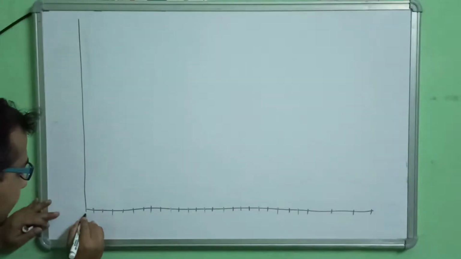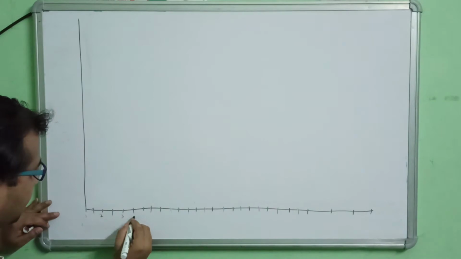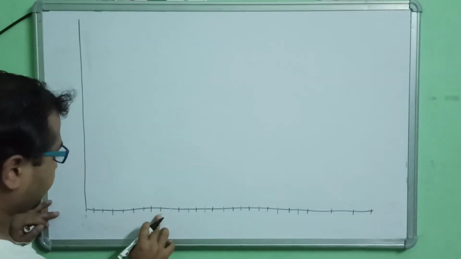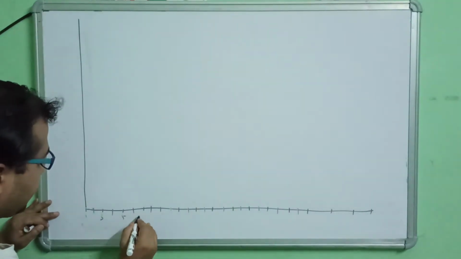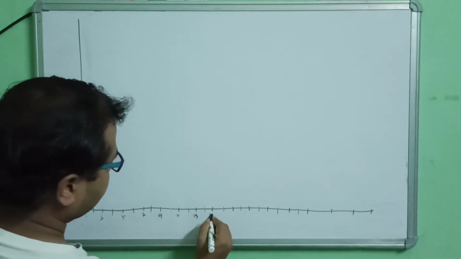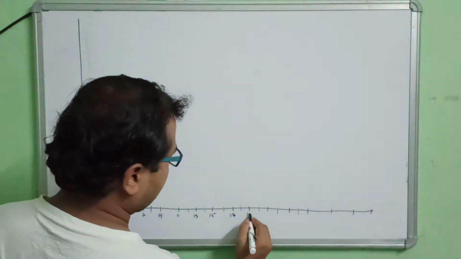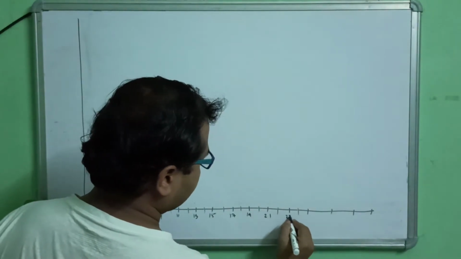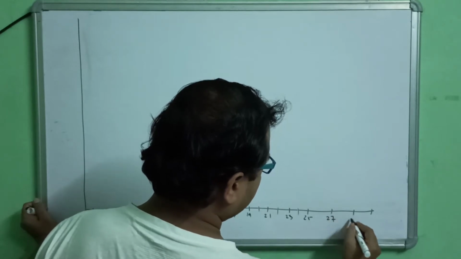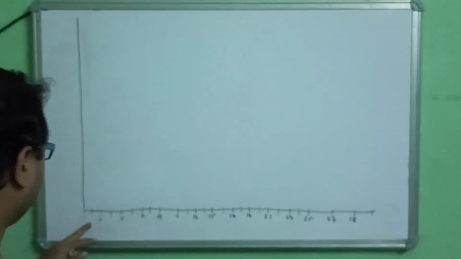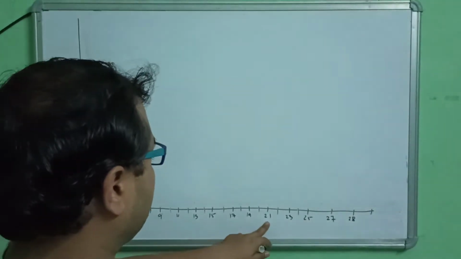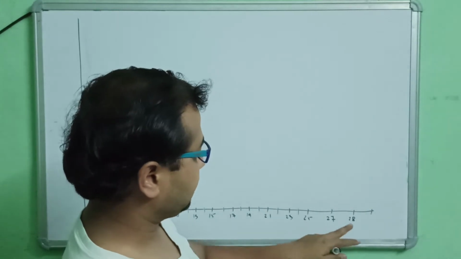Let's number them: 1, 3, 5, 7, 9, 11, 13, 15, 17, 19, 21, 23, 25, 27, 28.